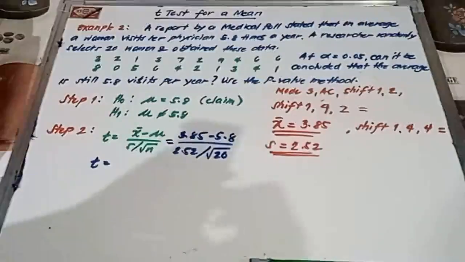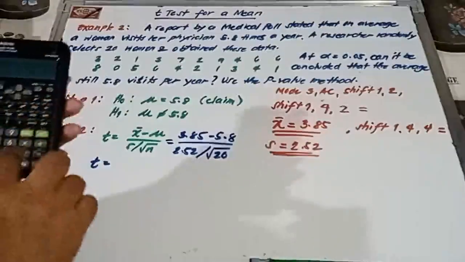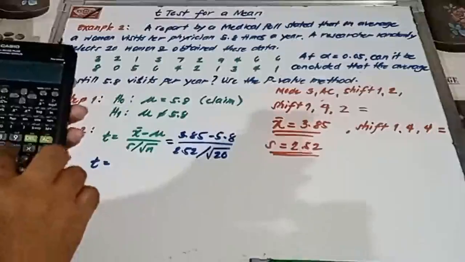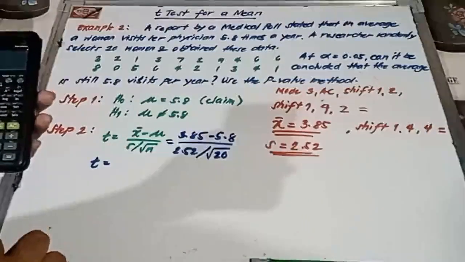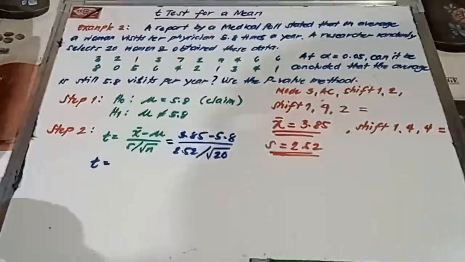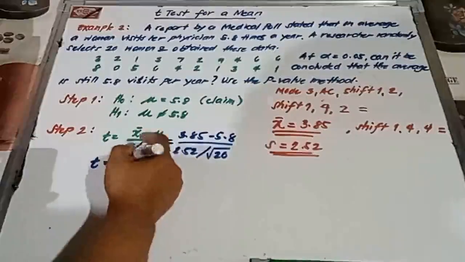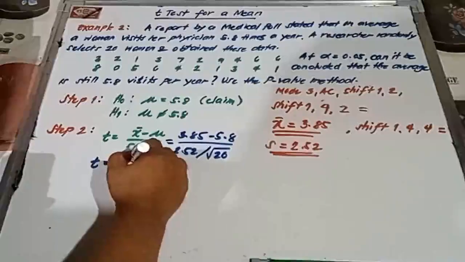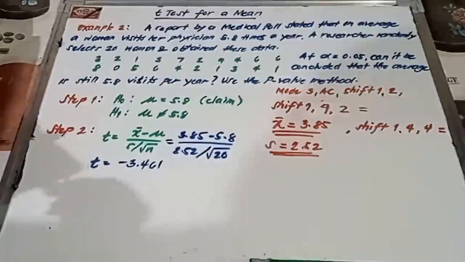Fraction 3.85 minus 5.8, arrow down 2.52 divided by square root of 20. Negative 3.461. Okay? So, nakuha na natin yung ating t-value.